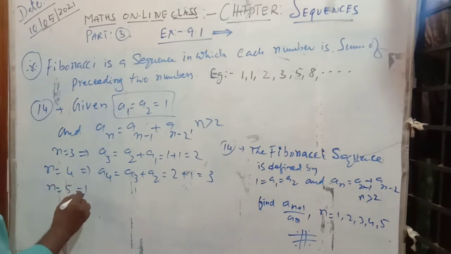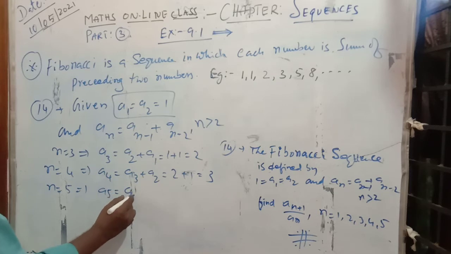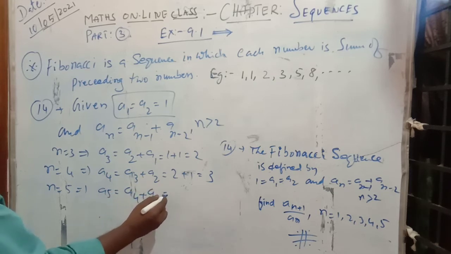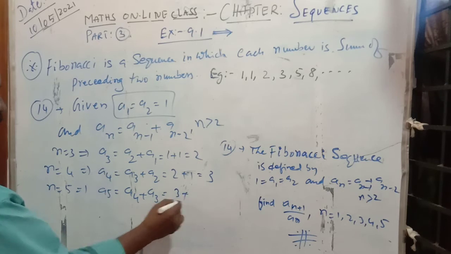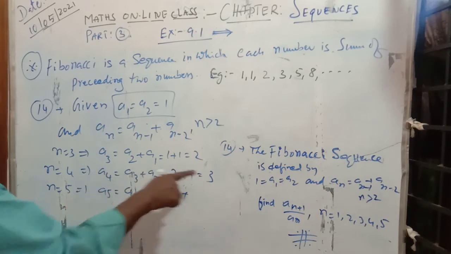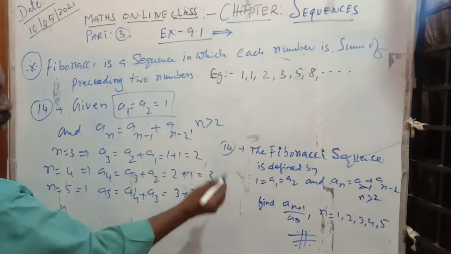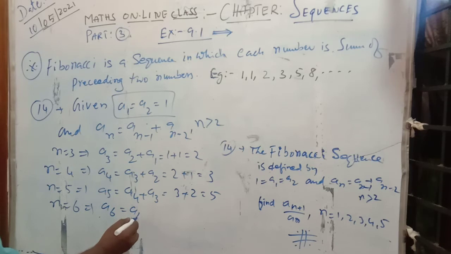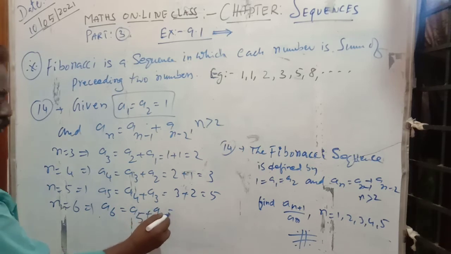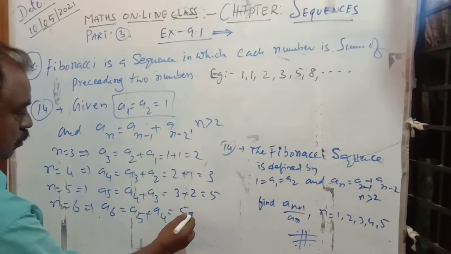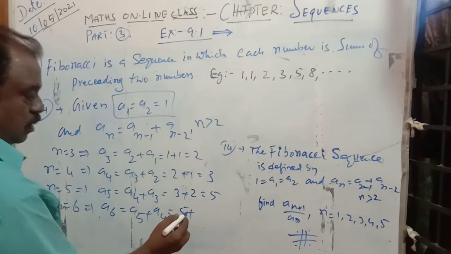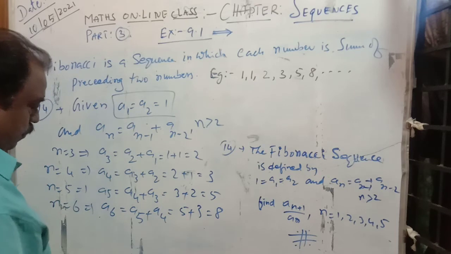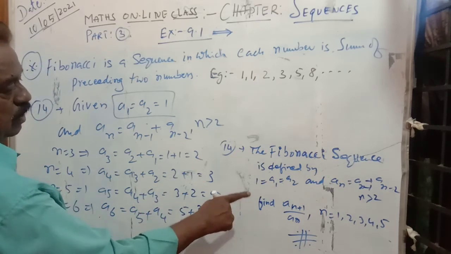N is equal to 5. A5 is equal to A4 plus A3. A4 is 3. A3 is 2. It is 5. Okay, now n is equal to 6 also is needed. So A6 is equal to A5 plus A4. A5 is 5 plus A4 is 3. So it is 8.